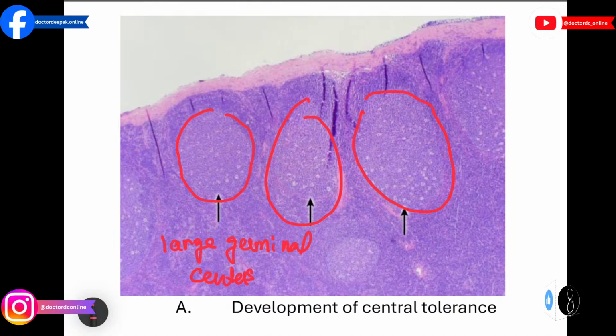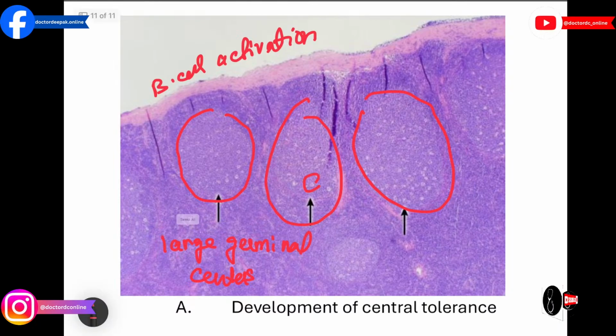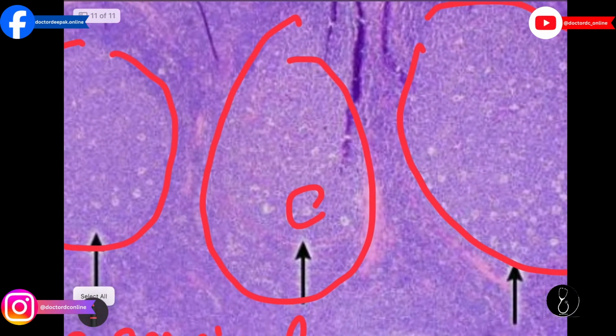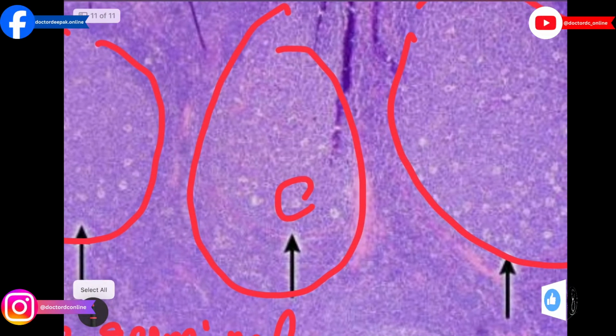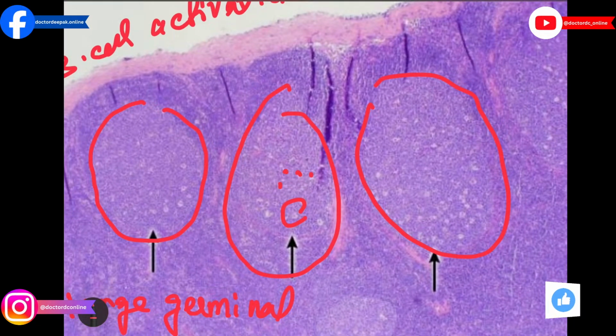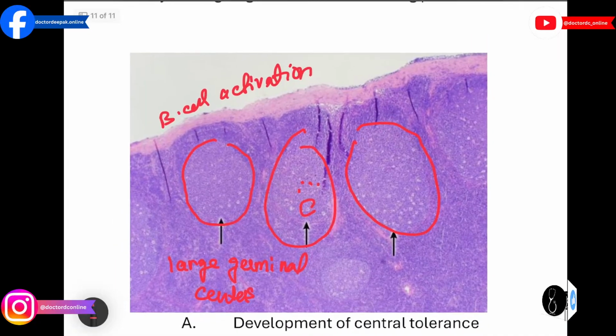You know in the follicle there is B cell activation. The whitish particles are tingible body macrophages, and they are surrounded by dominant B cells.